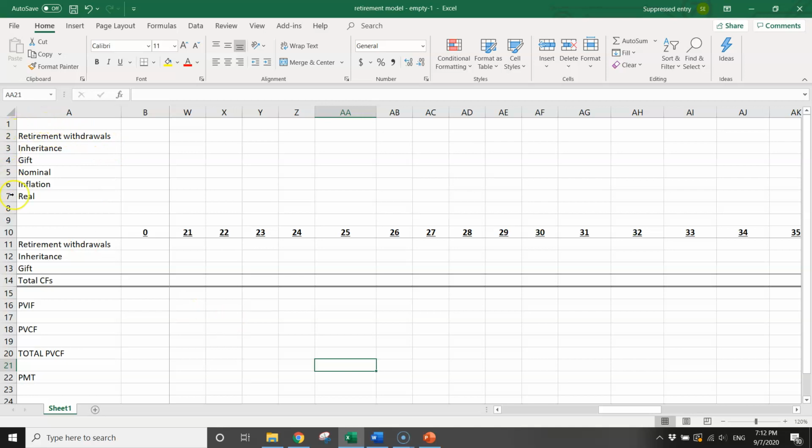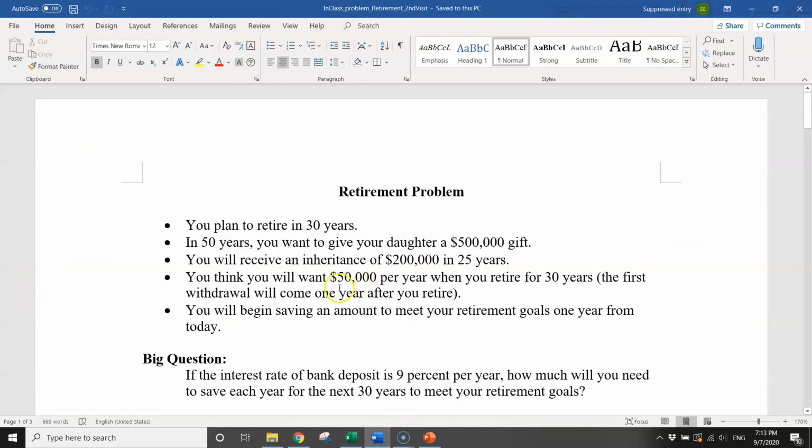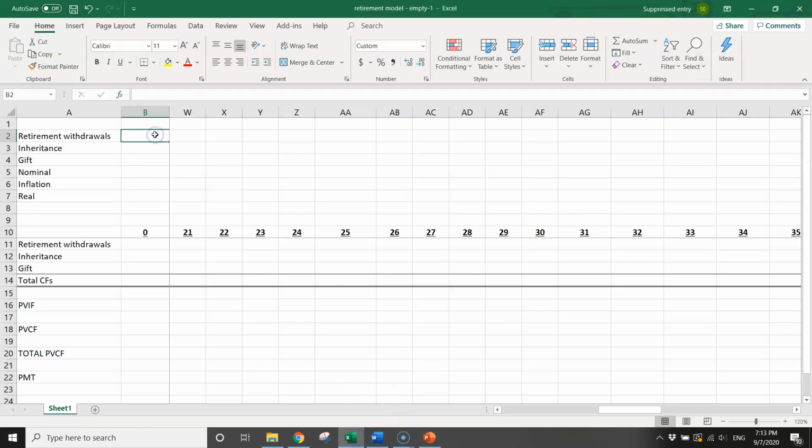First, we want to have a small table to list the relevant parameters. Here in this problem, we have this retirement withdrawal starting from 30 years later, and the retirement withdrawal is $50,000. So we can write it down here. It is $50,000.